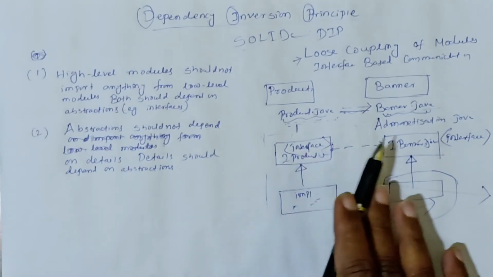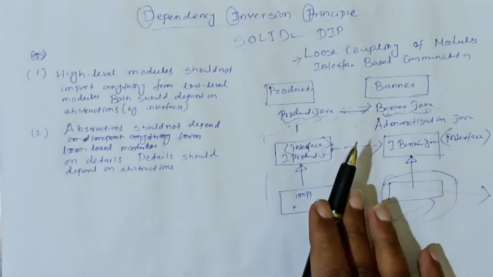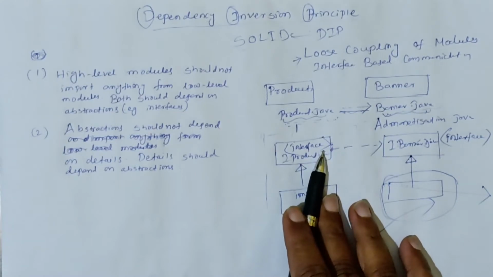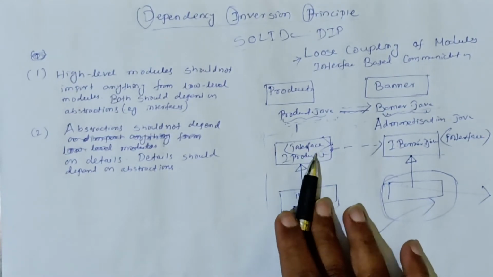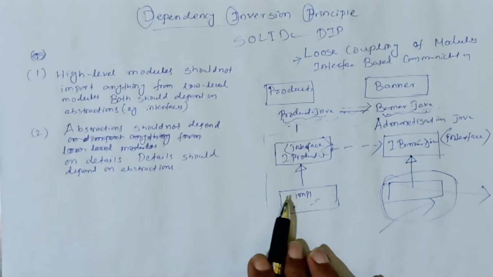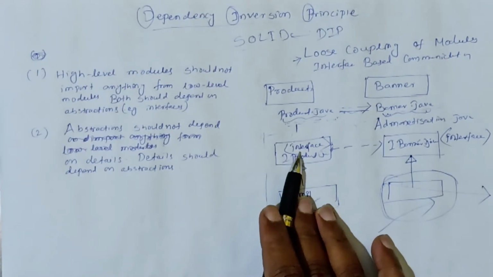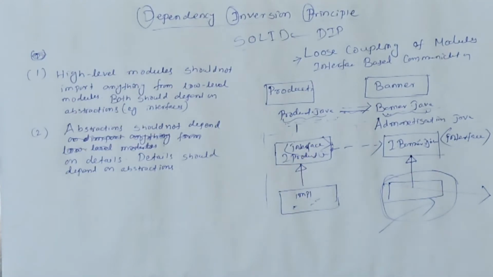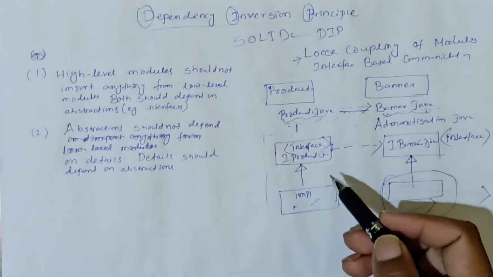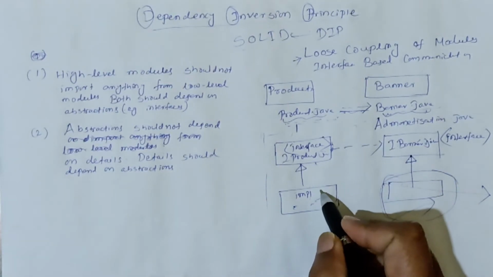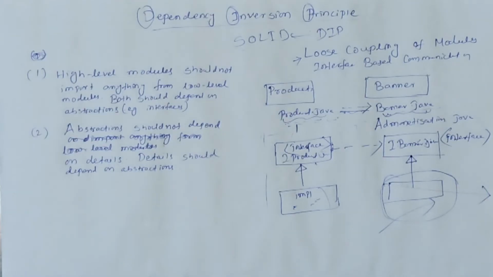Inside this module also, in an interface we generally add some methods, and that should also depend upon interfaces or abstractions, not concrete implementations, because anything can be replaceable. Even this one can be replaceable in future.